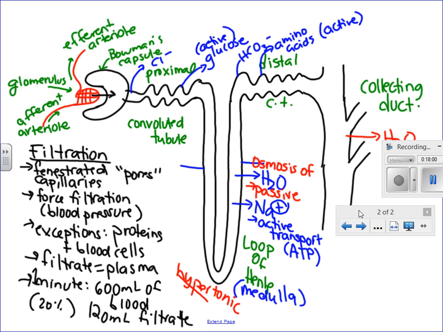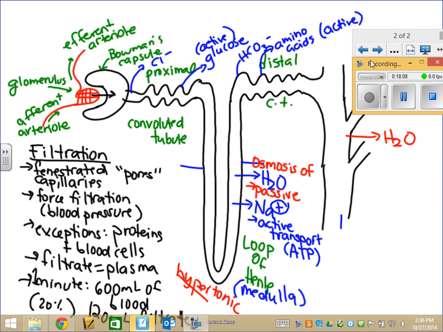So when I get to the end of my nephron, here's what I should see. I should see, coming out here, urine. And this urine should not contain much of the substances that we have reabsorbed.